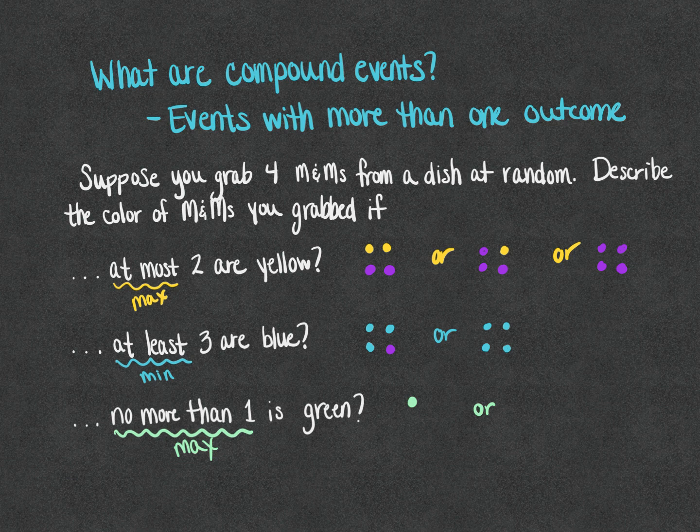And so again, using my purple dots to signify the other M&Ms, if I have 1 green, I have 3 that aren't. Or if I don't have any greens in my hand, I have 4 M&Ms that aren't green. Those are the kind of things we're going to need to think about when we do the compound event probability in this particular lesson.